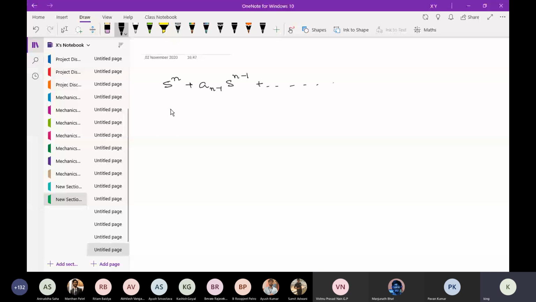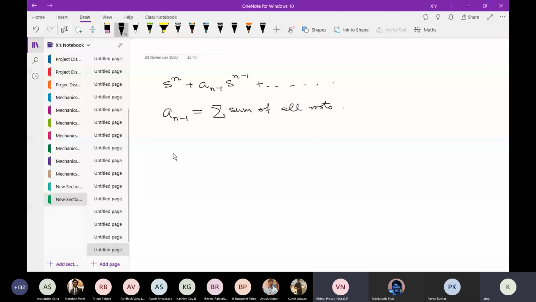Now, even for those of you who have maybe slept through your first year maths class, you will still recall by virtue of quadratic equations: what is a n minus 1? This is the sum of all roots, alpha i, i from 1 to n, and this is minus.